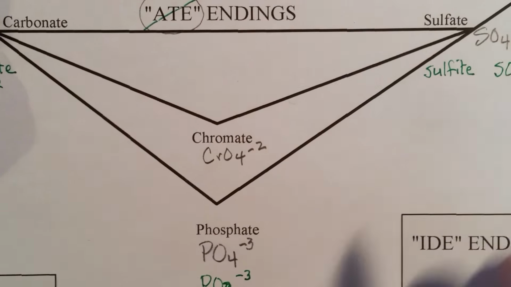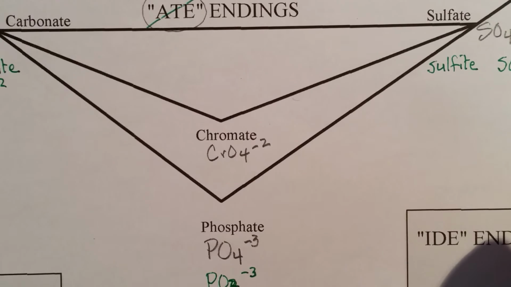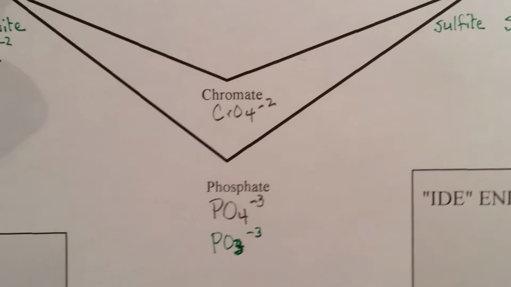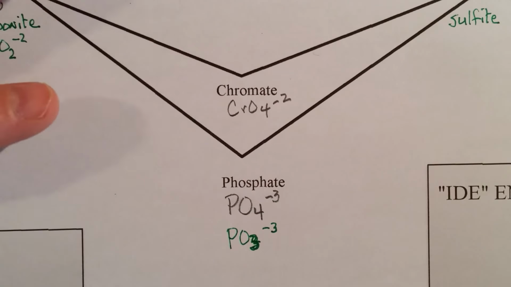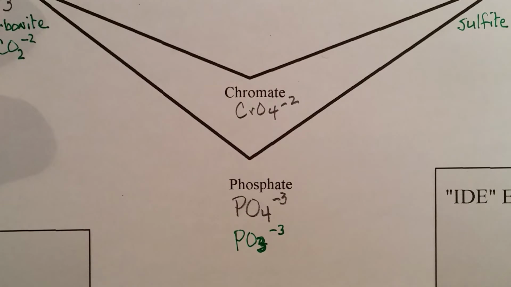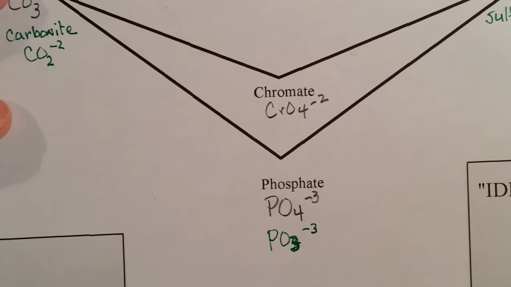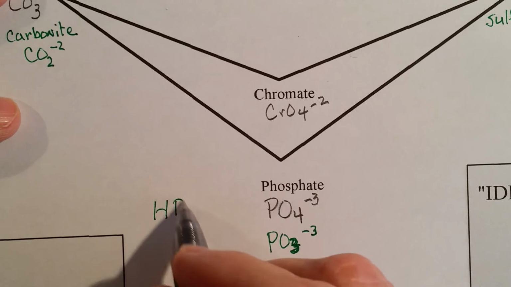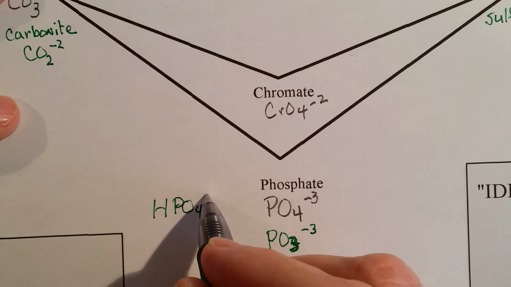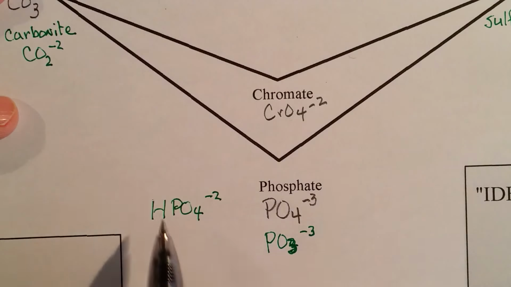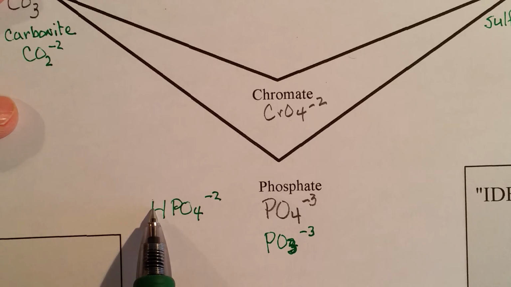Now we've got phosphate down here. Phosphate has lots of charges. So to differentiate between the phosphates, we're going to have to use a prefix to tell how many hydrogens we've added to it. If I add a hydrogen to phosphate, that's going to bring down the charge to a -2. And I need to tell you how many hydrogens.